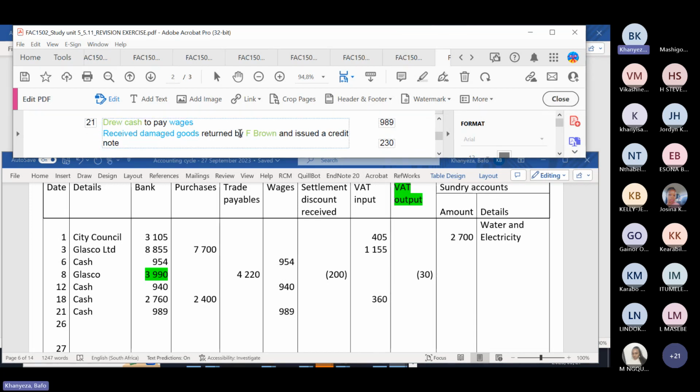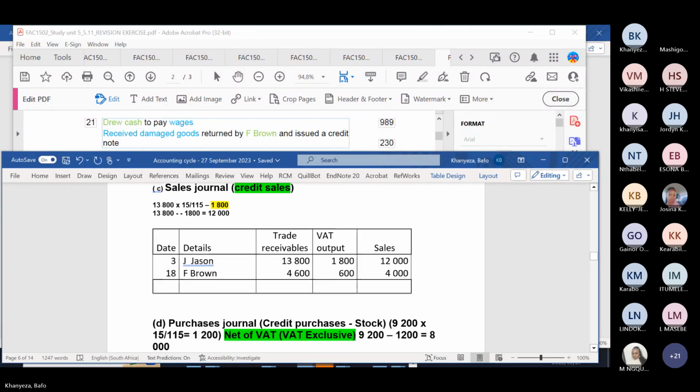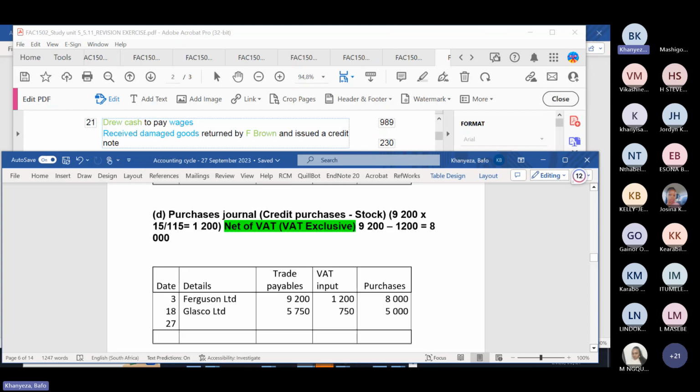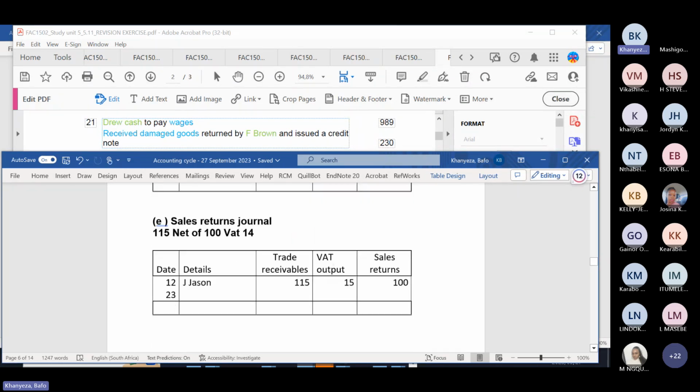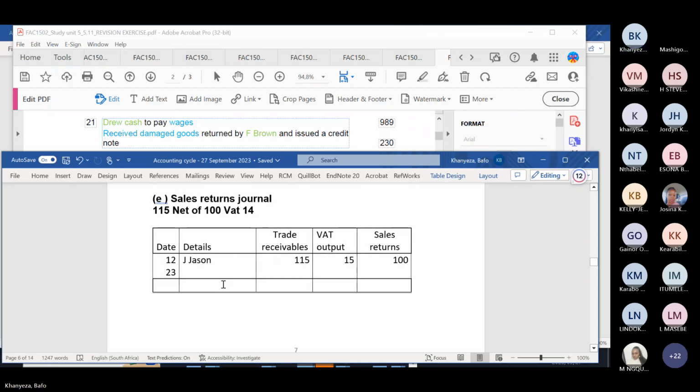Received damaged goods by F. Brown. We need to see who F. Brown is. F. Brown is somebody who we sold to. Now he's returning some damaged glasses. So we have to put that on the sales returns. We're now on the 21st, not the 23rd. Who is this person who's returning?